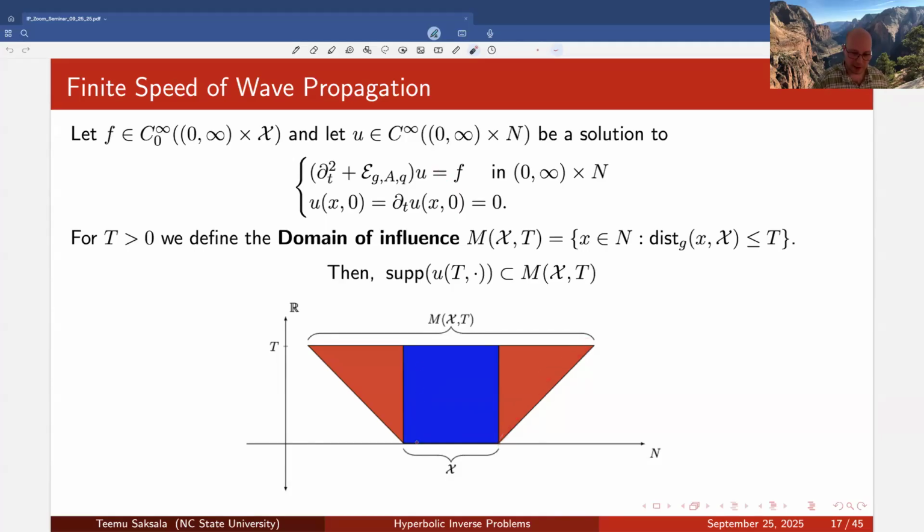If I let my time go from 0 to t, then the largest area where my wave might not vanish is given by this domain of influence, M_X^t, which is just a closed metric ball around my set X where I send the wave. So no wave can move in time t outside this set M_X^t.